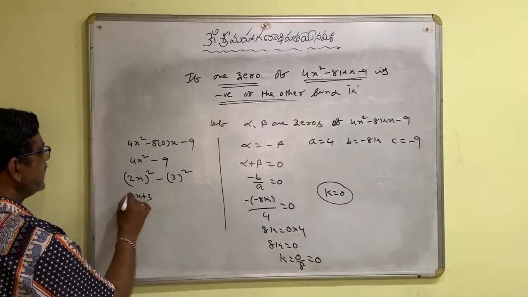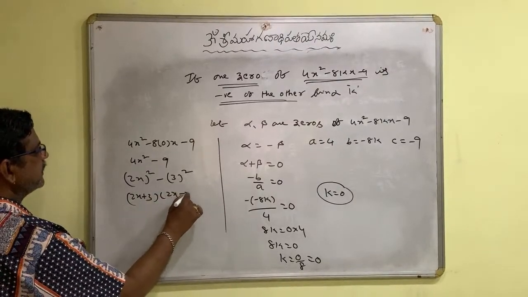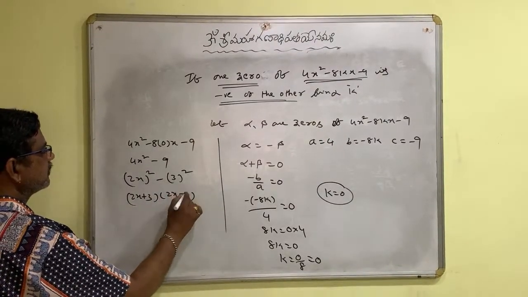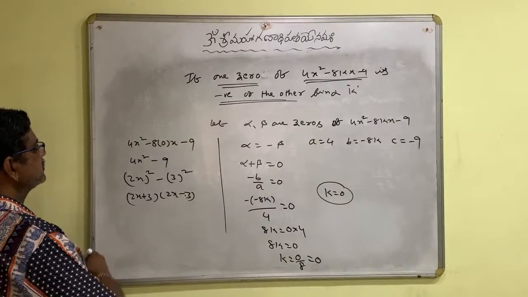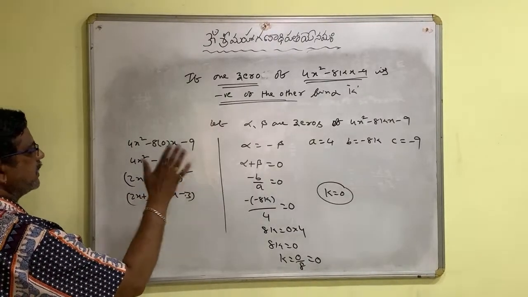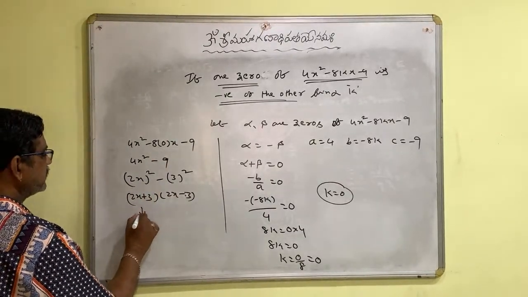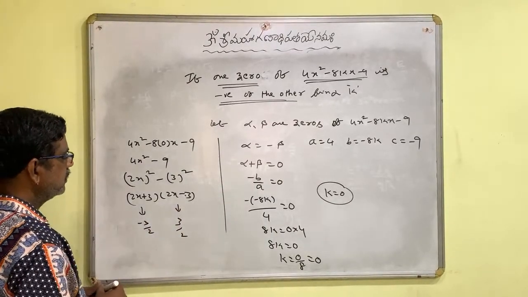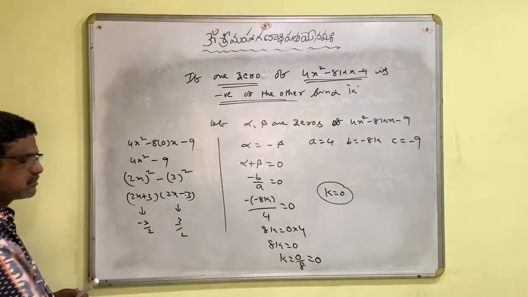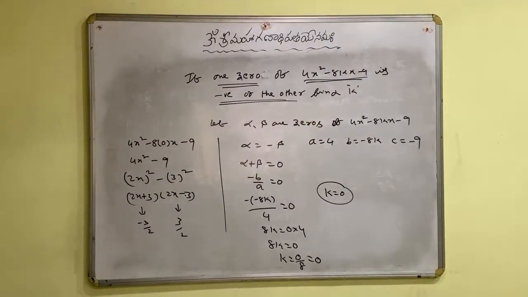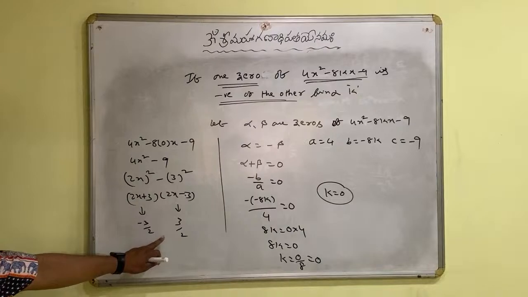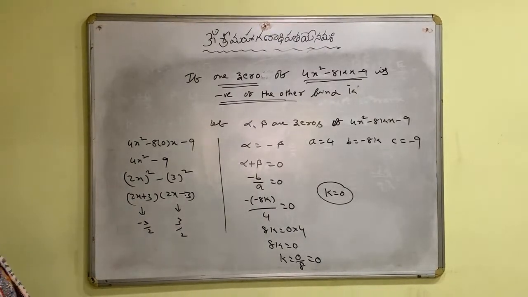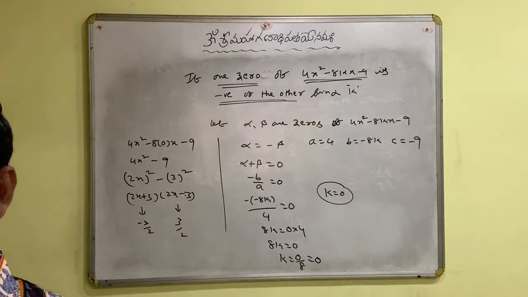So it is 2x plus 3 into 2x minus 3, because this is in the form of a square minus b square. So one zero is negative 3 by 2 and the other is 3 by 2. You can observe both the zeros, they are negative of the other. One zero is positive, one zero is negative.